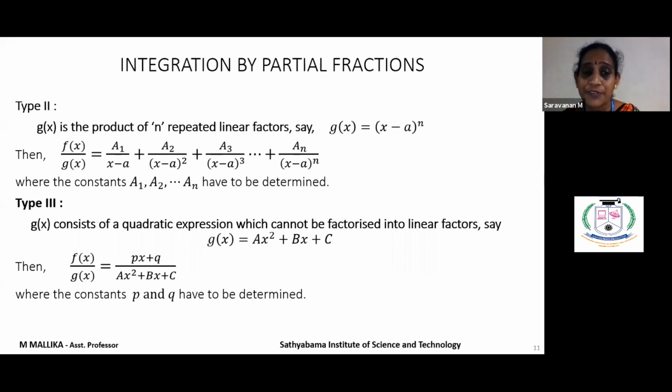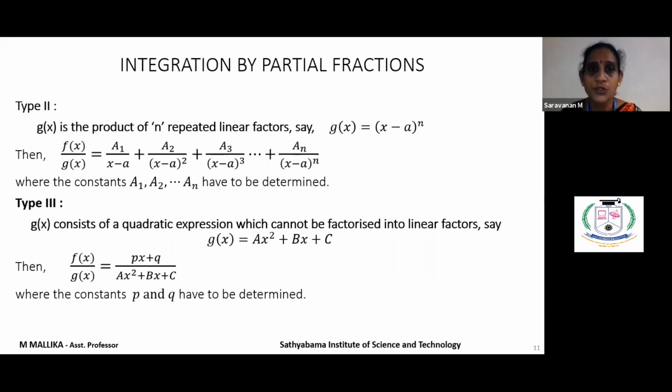Then I can write f of x by g of x as not a constant, but a linear form px plus q divided by ax square plus bx plus c, where again p and q have to be determined. The standard form of a quadratic expression which cannot be factorized is x square plus a square. So x square plus a square is one such quadratic expression which cannot be factorized into a product of linear factors.